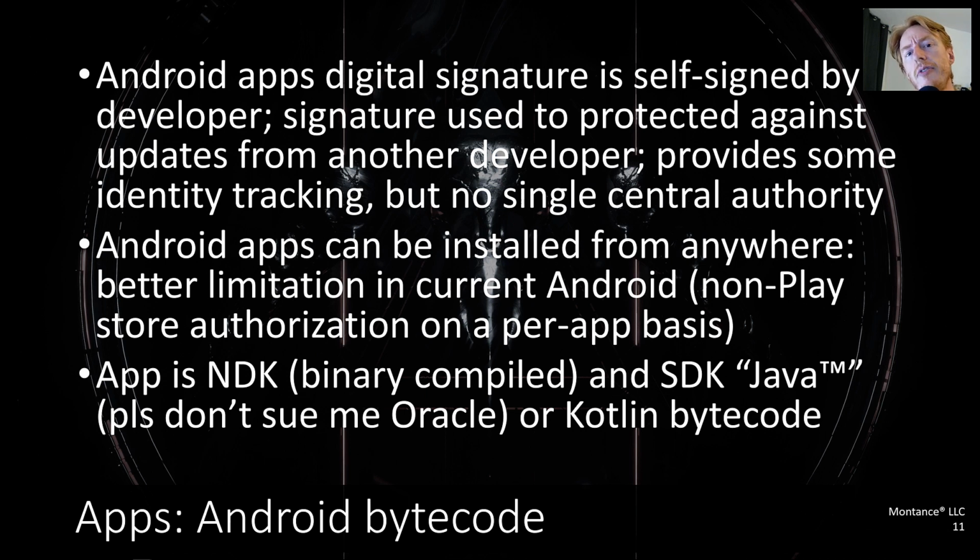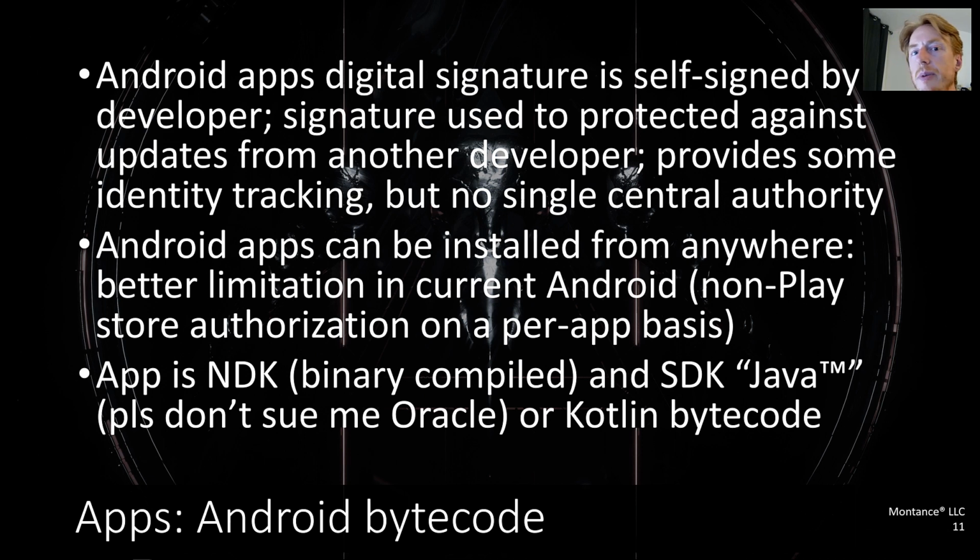The application itself on Android includes the potential for some compiled components, and we call this the NDK. They're libraries which are shipped in ELF format, but most of the code is usually Dalvik bytecode, which is written in Java, even though there was a big lawsuit between Oracle and Google about this.